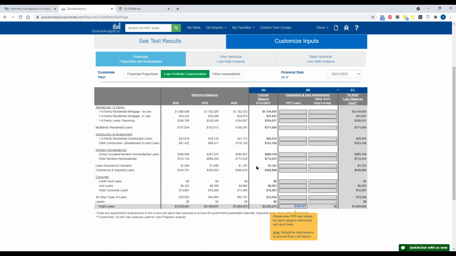They have a $3 billion portfolio right now. They have $169 million in PPP loans. We know that from the call reports. Almost all the time, the PPP loans are sitting in C&I, right? However, the call reports don't really specify that. So we ask you to plug in exactly where in the portfolio the PPP loans are coming from. Again, usually that's the C&I portfolio.